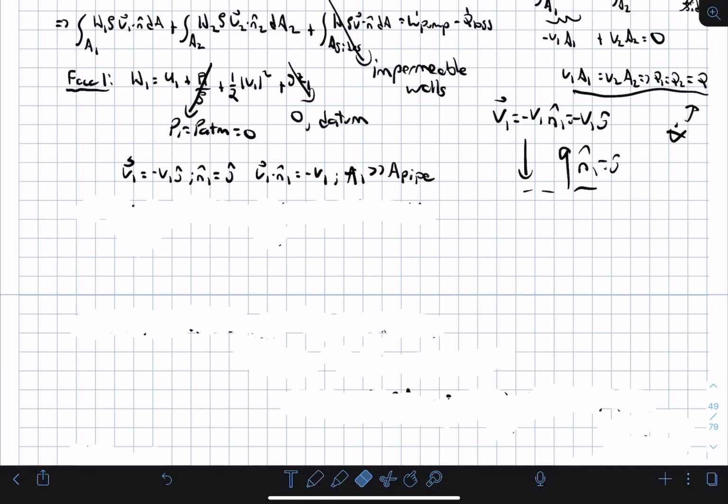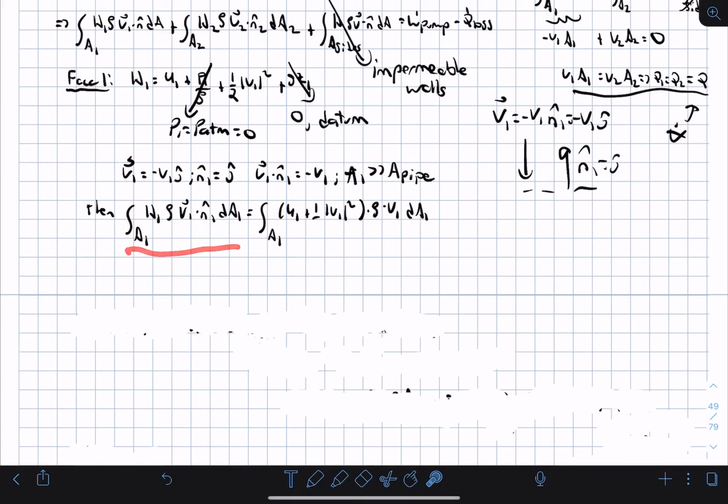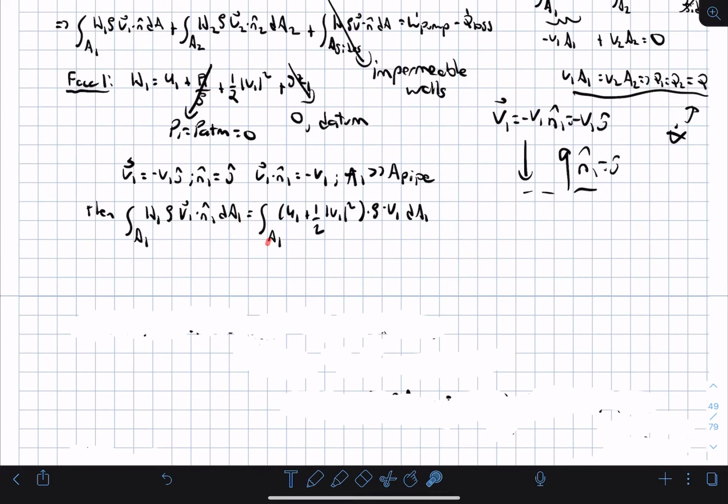So we can say that for our integral over h, we only need to consider the internal energy and the kinetic energy. It is equal to the integral over A1 of the internal energy of state 1 plus 1/2 v1 squared, times rho times v1 dA1.